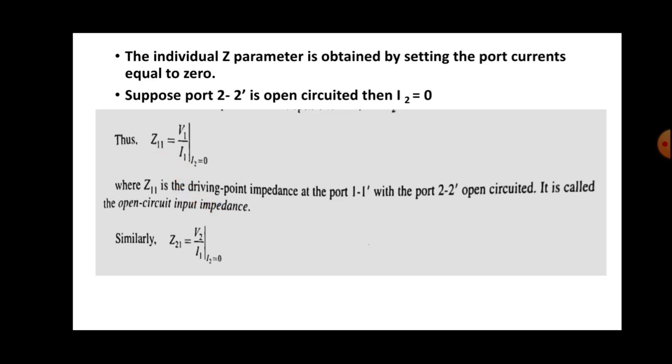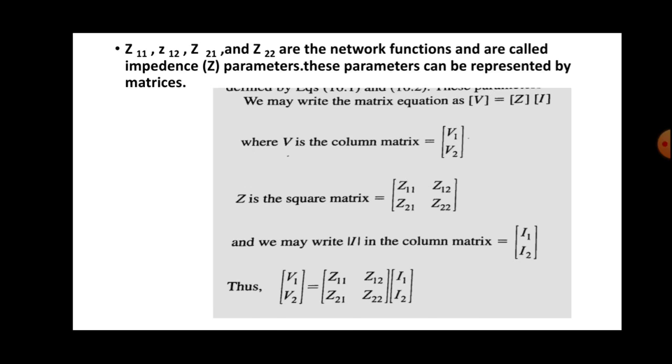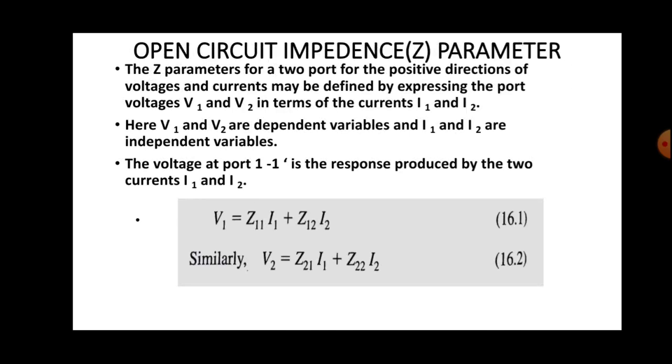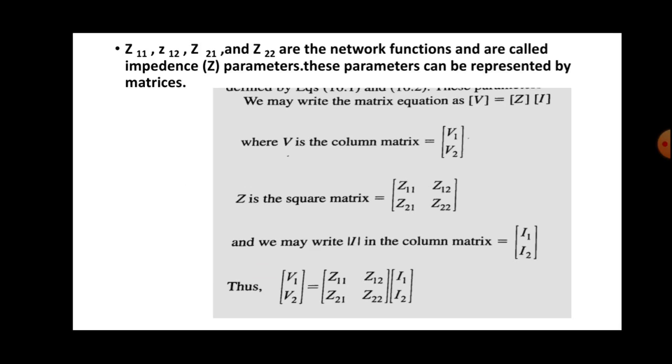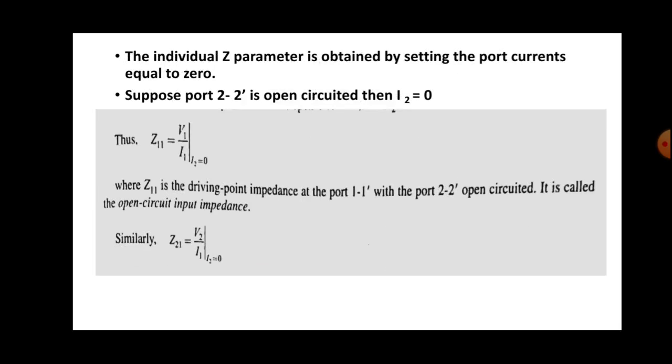Next, similarly, now I2 is equal to 0. Again go to the equation, and there is another equation. What will happen when I2 equal to 0? In this case, Z21 will become V2 by I1. So when I2 equal to 0, that is port 2-2' is open circuited, then from the second equation, Z21 equal to V2 by I1.